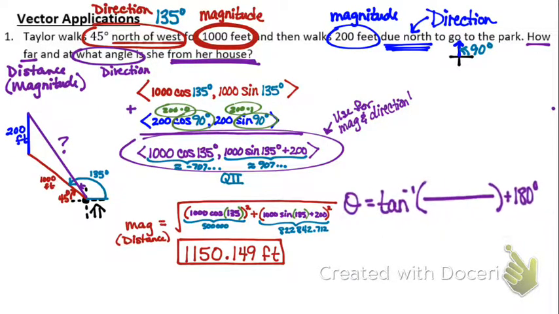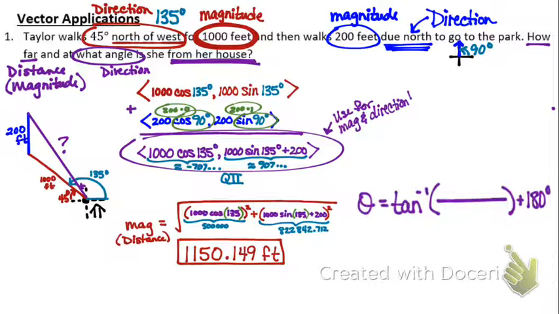Sorry, I'm just trying to fit everything on my screen here. What goes down to my denominator? 1,000 cosine 135.